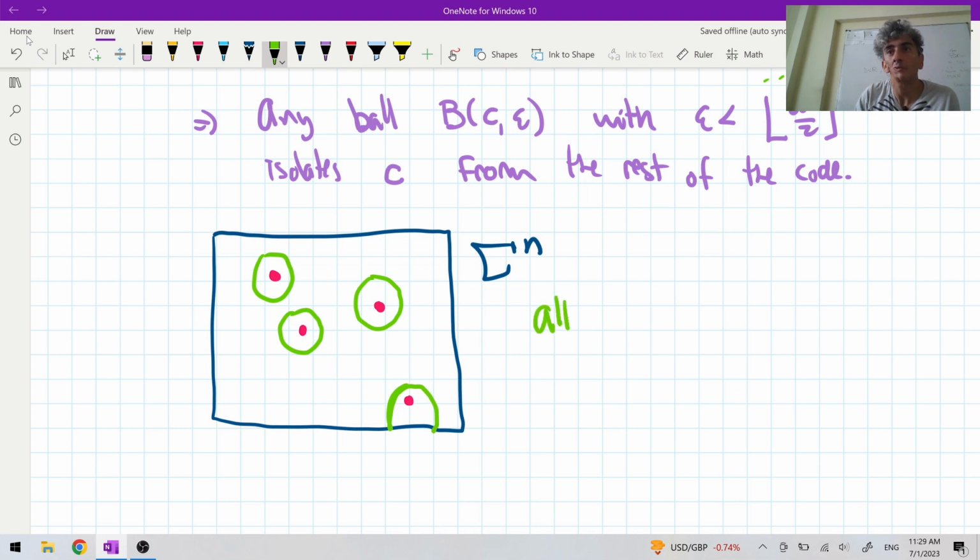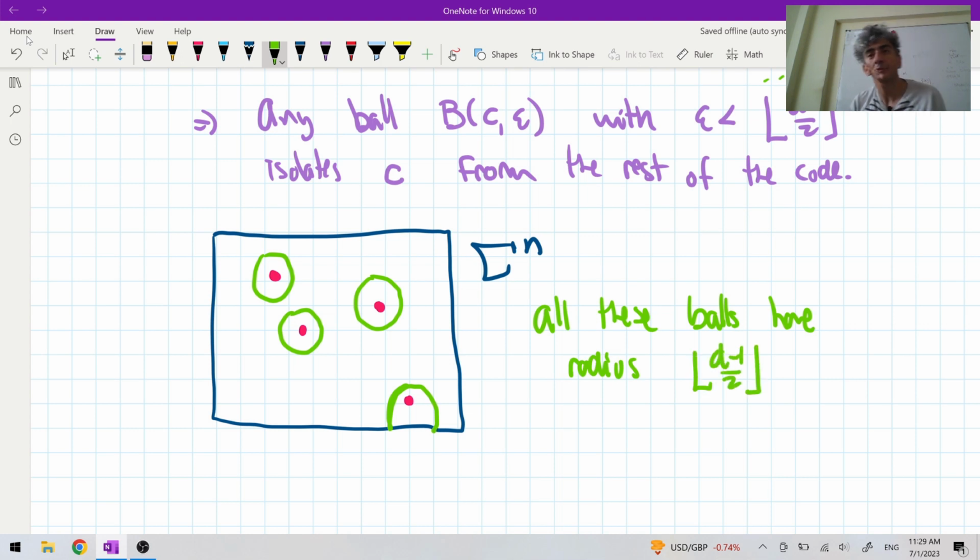All these balls have radius (D minus 1) over 2, and they isolate each code word, C1, C2, C3, and C4.